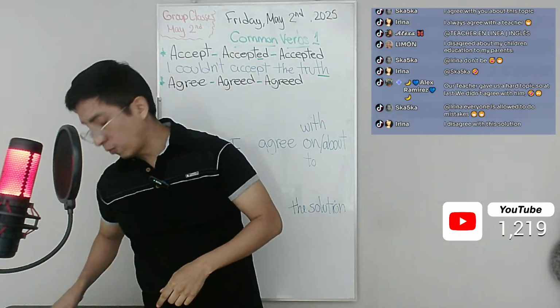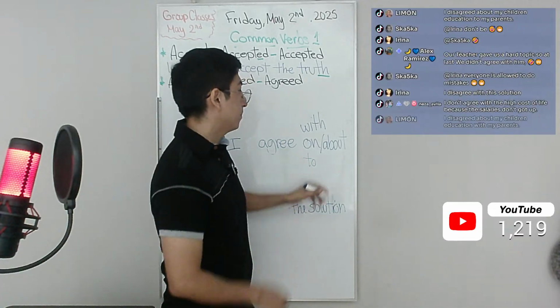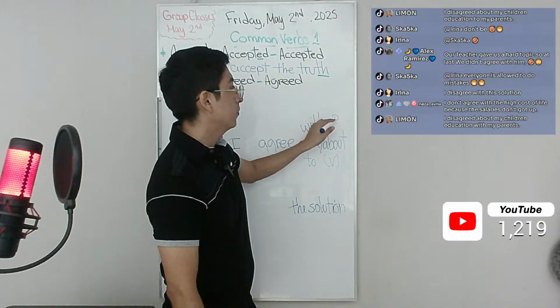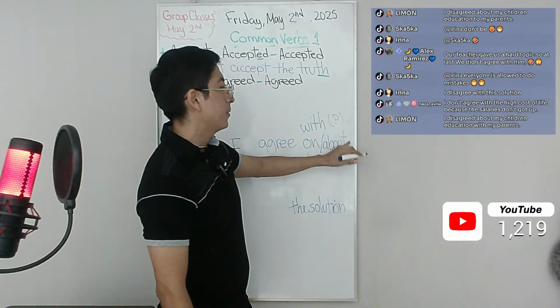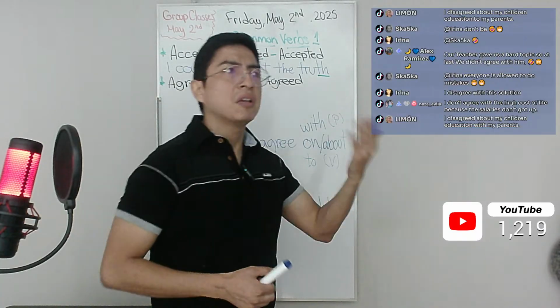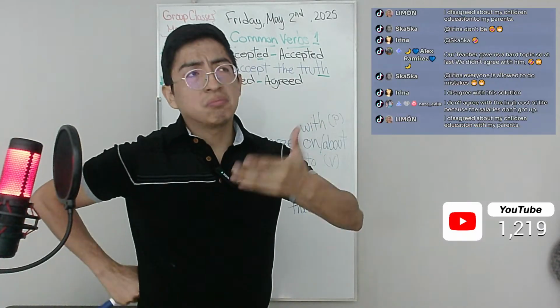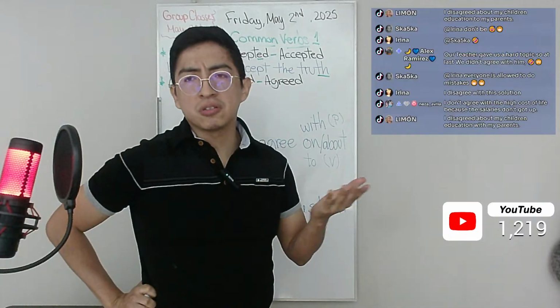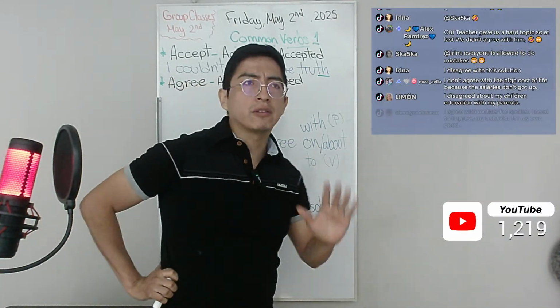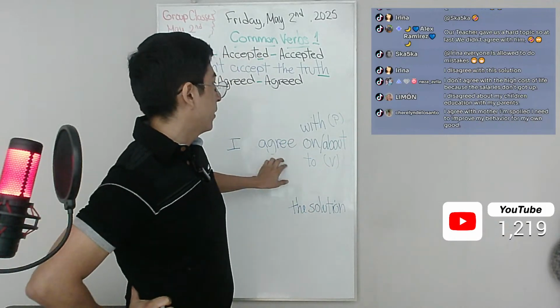Remember, in this case, we can use a verb. Okay. This is a person, this is a topic, and this is a verb. So we can say, I agree to forget this situation. I don't want to remember. Yeah, I think I'm going to forget. I'm going to forget about it.